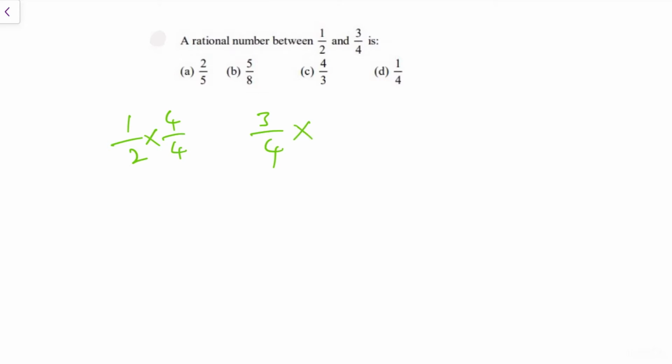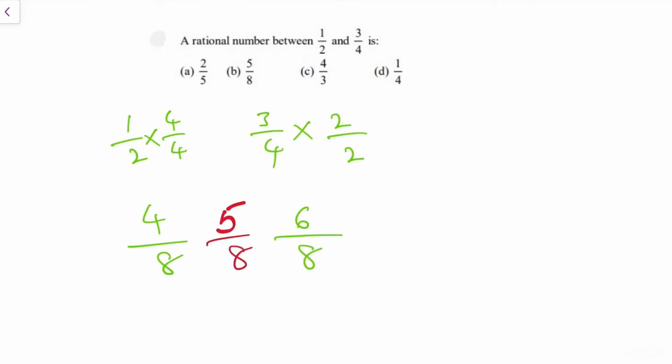Same way for the second number, the denominator is 4, so multiply and divide by 2. So 1 four is 4 divided by 8, and 3 twos are 6 divided by 8. Now in between 4 by 8 and 6 by 8 we have one more number, that is 5 by 8. Obviously that is our answer. So the rational number between 1 by 2 and 3 by 4 is 5 divided by 8.